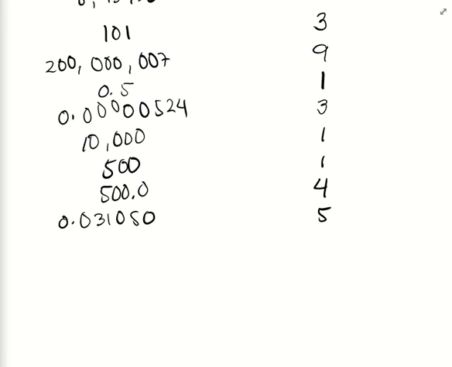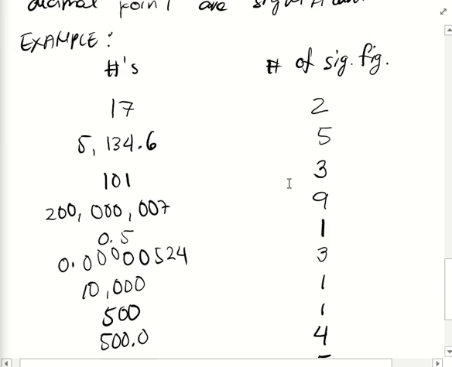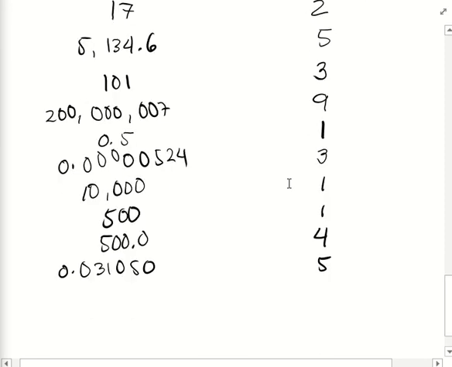So that is significant figures. I hope you know now how to determine the significant figures. Why do we need them? We need them later on when we try to determine our stopping criterion and iteration in solving some problems.